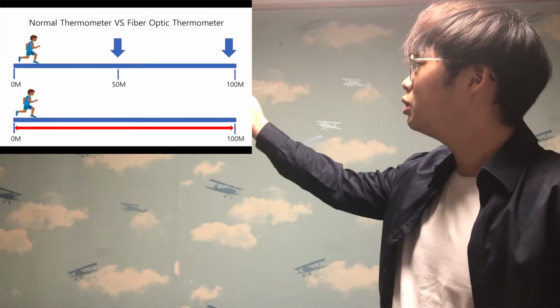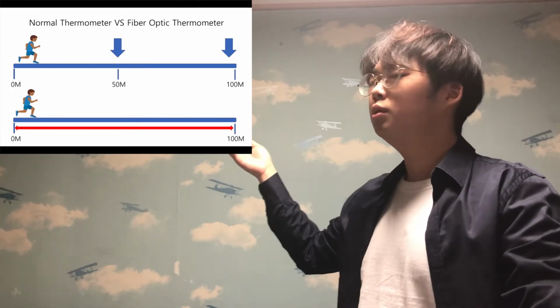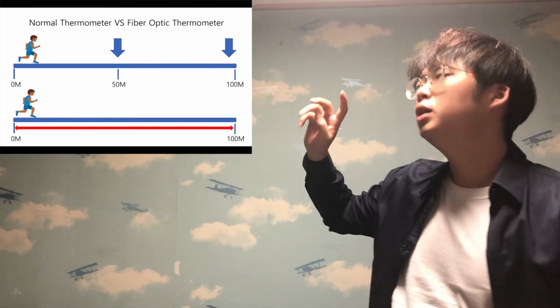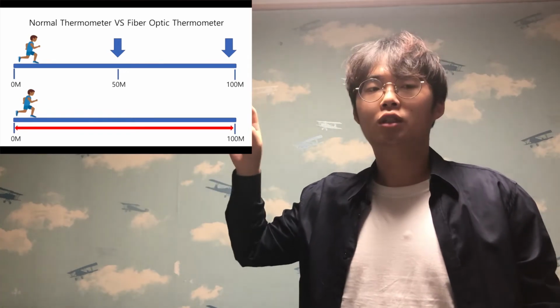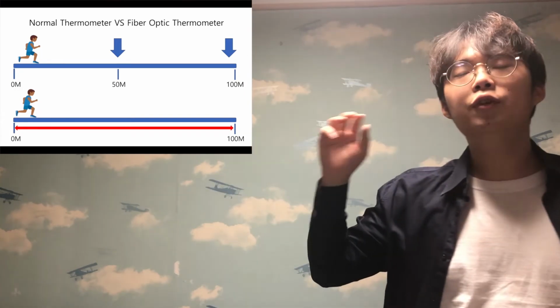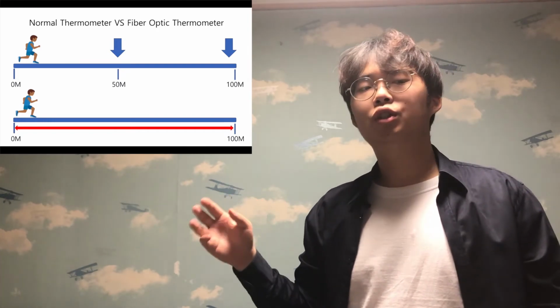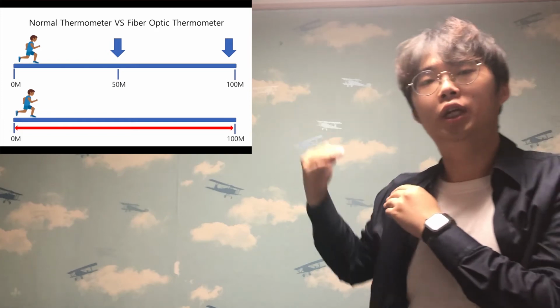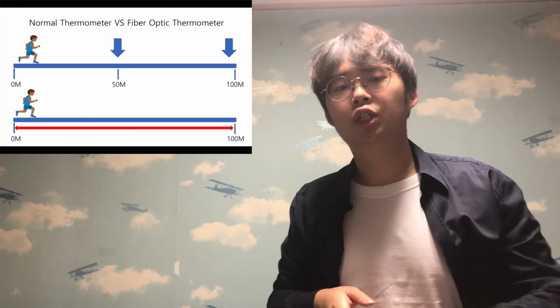With a normal thermometer, if there are 2 points, it only allows you to check the temperature at 50 meters and 100 meters. However, if you use a fiber optic thermometer, you can measure from 0 meters to 100 meters, which is the whole area. So it has a huge advantage.